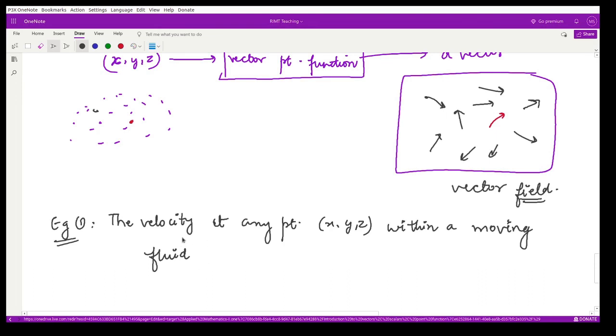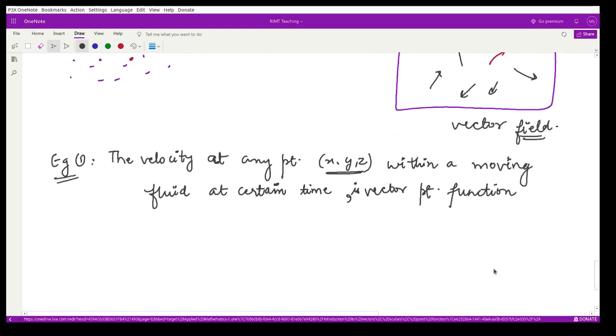So we say the velocity of this fluid at any point x, y, z at certain time. So we are defining a fixed time. For that fixed time, for that fixed position, we will say this velocity will be a vector point function. This is a vector. The velocity at any point within a moving fluid at certain time is a vector point function.